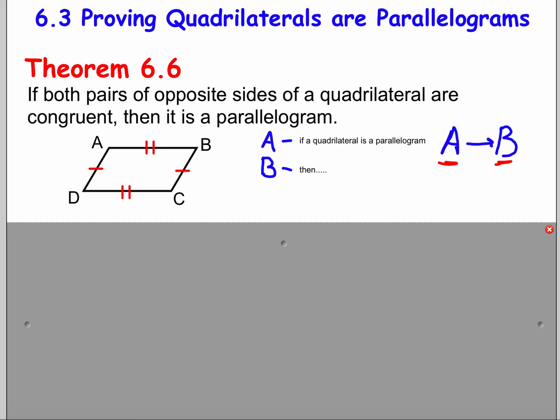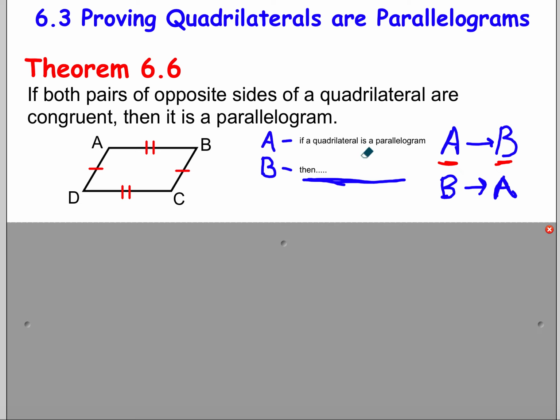Right? So last class we were doing if A then B, where A was if the quadrilateral is a parallelogram. What we're going to be doing this class is all the same rules, but this time we're going B then A. So we're looking at parallelograms and we're saying, for example, if a quadrilateral's opposite sides are congruent, then it is a parallelogram.